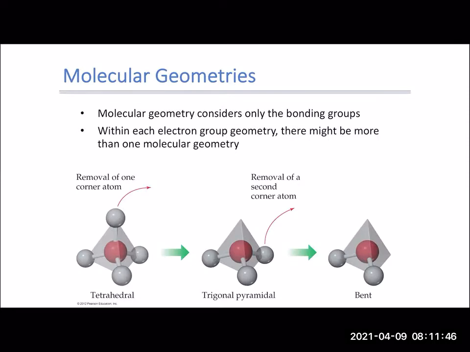Now that we know about our lone pairs and our electron domains, let's start looking at molecular geometries. For the molecular geometry, we only consider the bonding groups. That's all we care about, the bonding groups, nothing else. I don't care about the lone pairs when I look at molecular geometry. So what we do is we first figure out the electron group geometry based off of our Lewis structure. Then we figure out the molecular geometry.